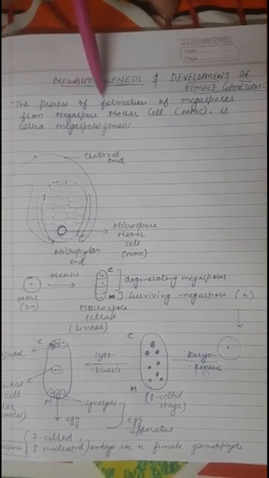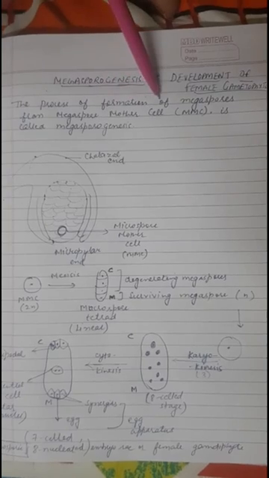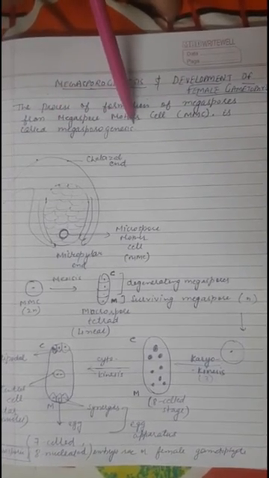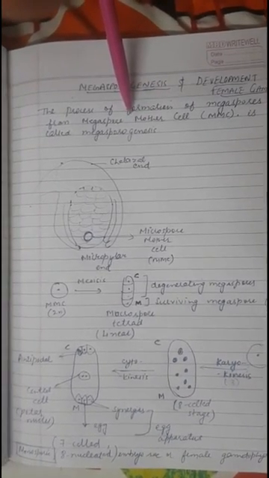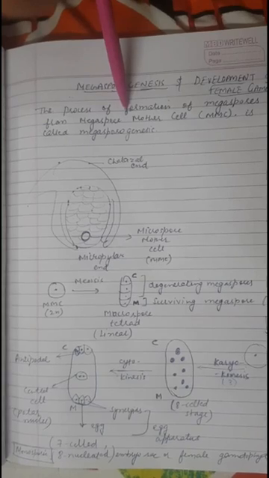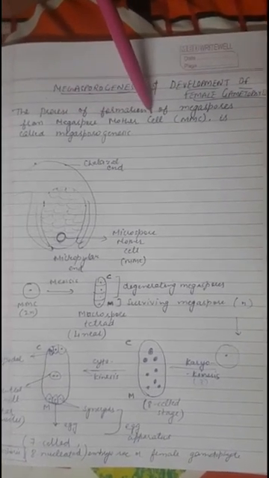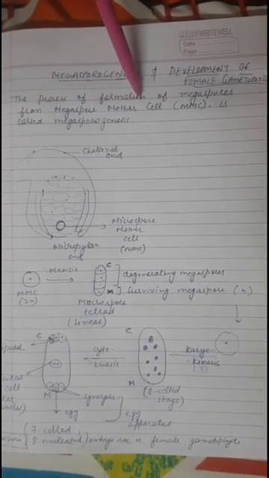The process of formation of megaspores from the megaspore mother cell or MMC is called megasporogenesis. In the male reproductive part, microspores originated from the microspore mother cell, but now they are megaspores, so they originate from the megaspore mother cell.